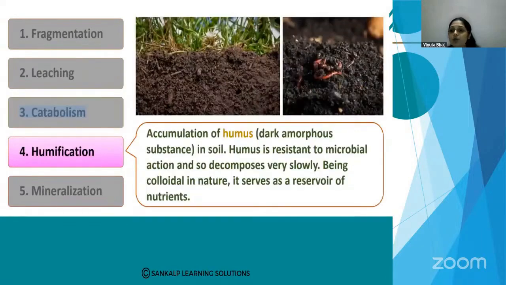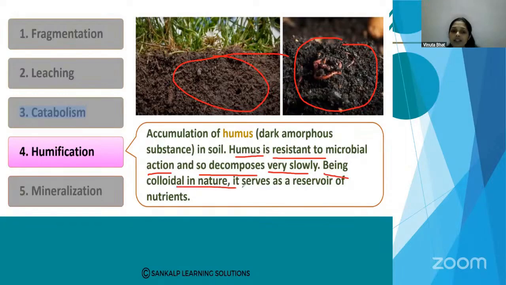Then what is humification? It is the accumulation of humus. Humus is a dark colored amorphous substance. In soil, humus is resistant to microbial action and so decomposes very slowly. Being colloidal in nature, it serves as a reservoir of nutrients.